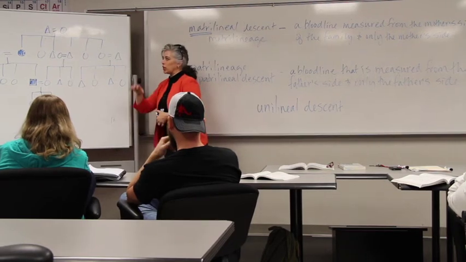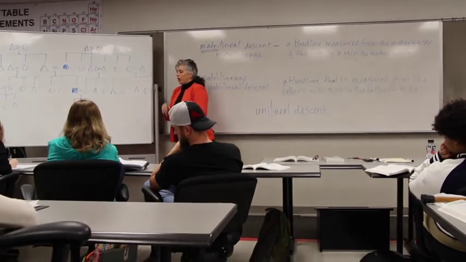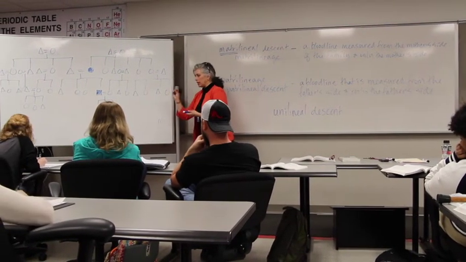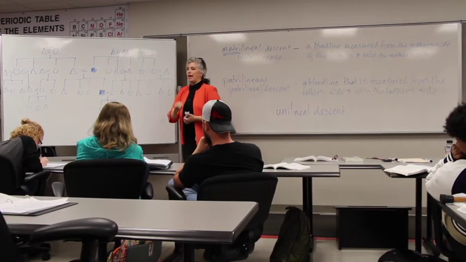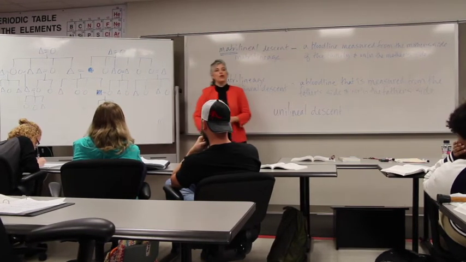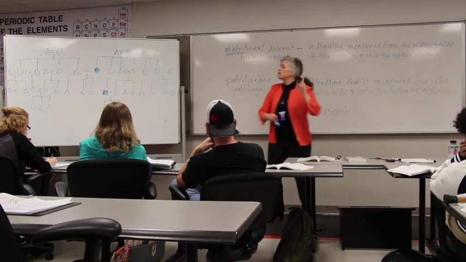So we're going to do a matrilineage in this diagram. Who else in this diagram should be colored in blue to represent other members of ego's matrilineage? Grandmother. Ego's mother's mother.